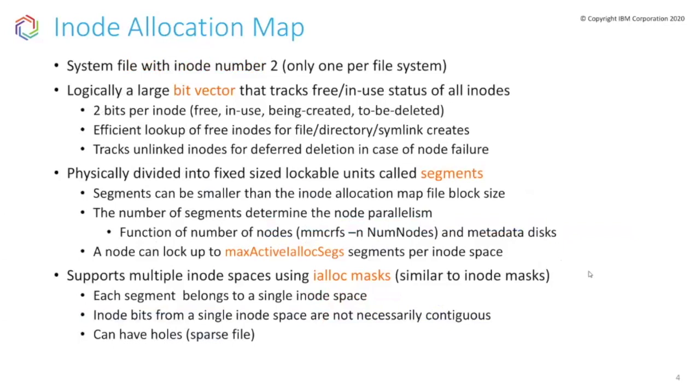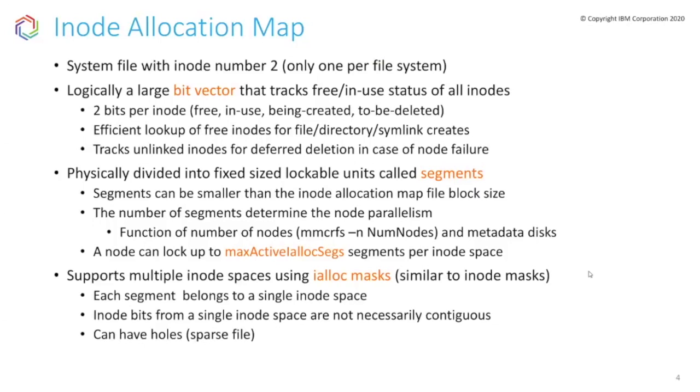So the Inode Allocation Map is basically a system map which, just like the inode file, is a huge array, except this array is made of bits instead of inode records. And the purpose of this allocation map is it gives us a fast way to look up the allocation state of an inode. Is the inode free?